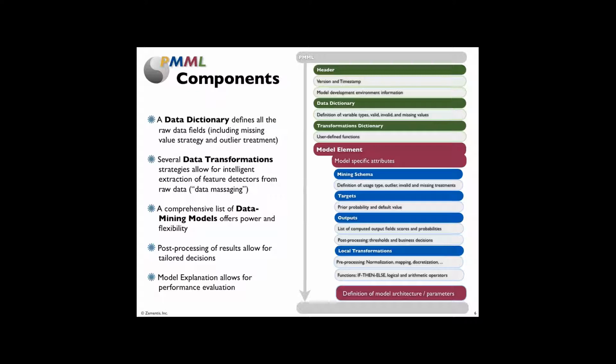There's information on possible data transformations, which is required for extraction of features from raw data. You can have that either at the top level in the transformations dictionary or inside the model element itself, as you can see towards the bottom in the blue box, local transformations.